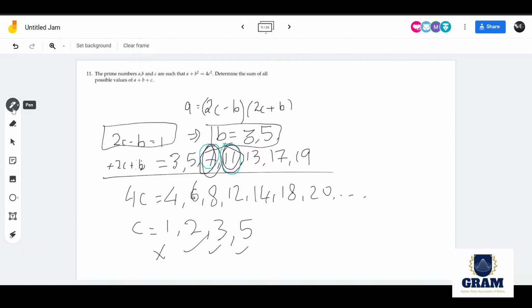No, 9 won't be the answer because you have two pairs. So the answer should be 31.